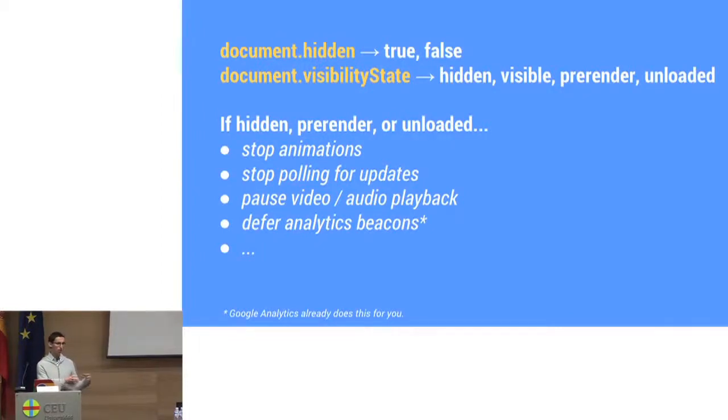You want to check if it's actually visible and then defer the beacons. So for example, Google Analytics automatically detects when the page is being pre-rendered by checking for visibility state, and it does not fire any beacons. So if we're pre-rendering and then you don't end up navigating to that page, there's no page view, right, as it should be. So you should think about this for your own analytics as well. I know that this has been a gotcha for some people.